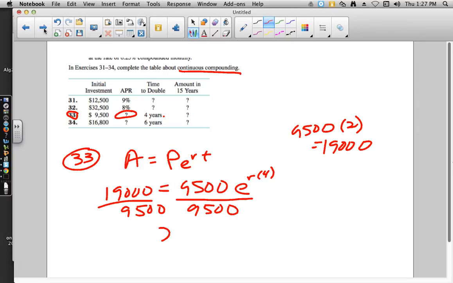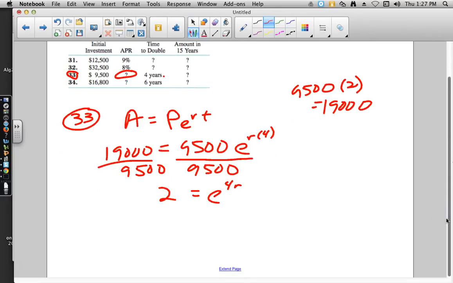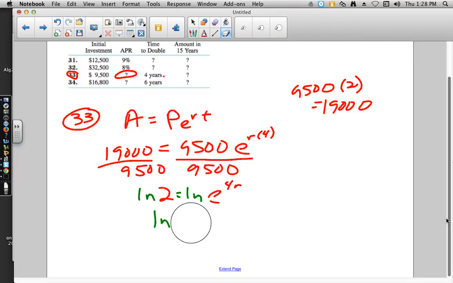And we would see exactly what we talked about in class, which is basically that we could have just skipped right to this. Because if we're going to double it, the ratio has to be a 2. Then we take the natural log of both sides. So the natural log of 2 equals, these two are inverses, 4r.